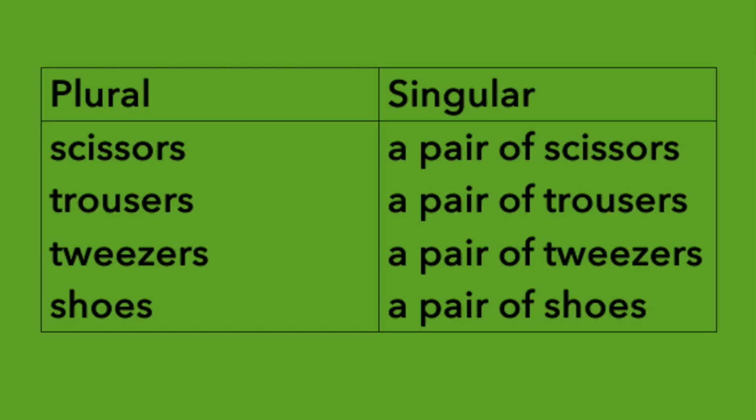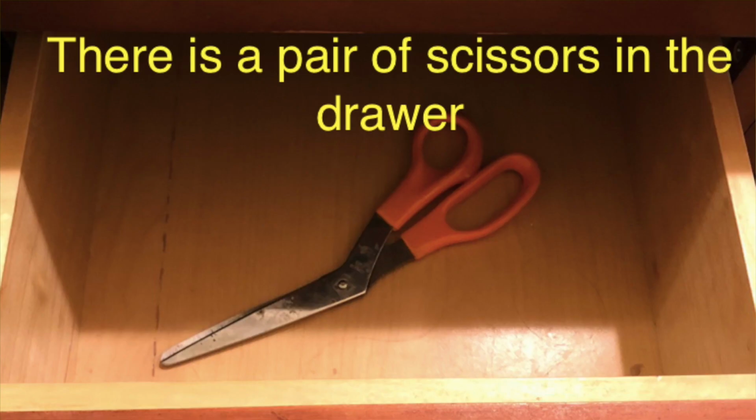But if we use a pair of with these nouns, they take a singular verb. A pair means singular. It seems like one thing. So, a pair of, when applied to things like scissors, shoes, trousers, where two components are always thought of as a unit, takes a singular verb. For example, there is a pair of scissors in the drawer.